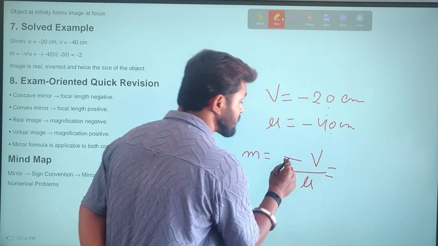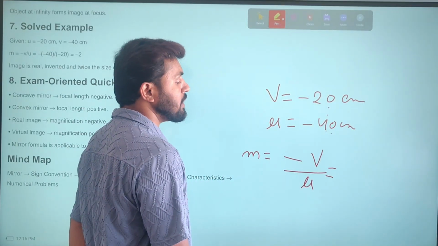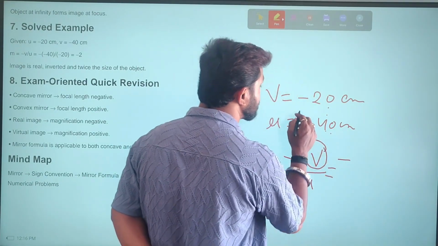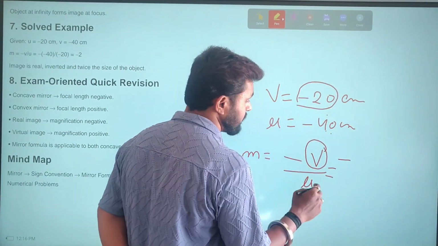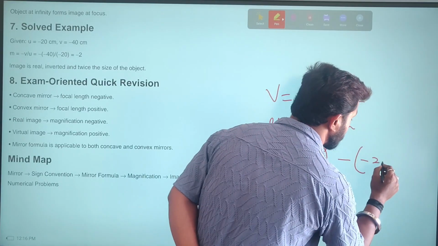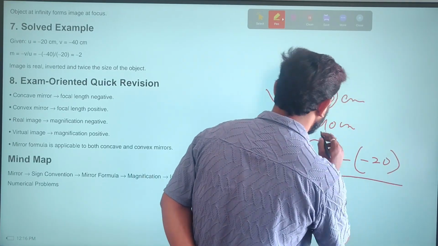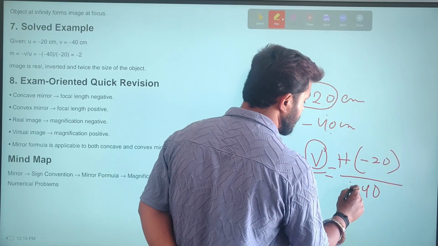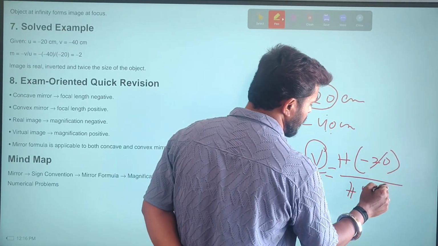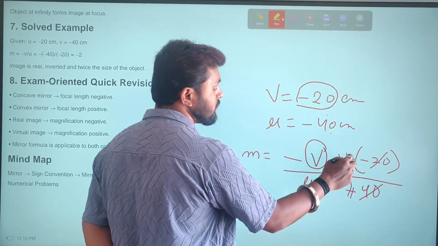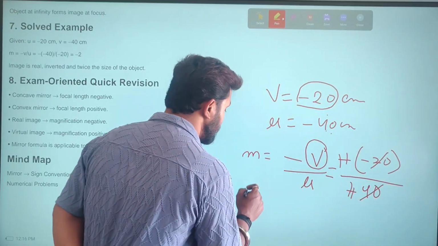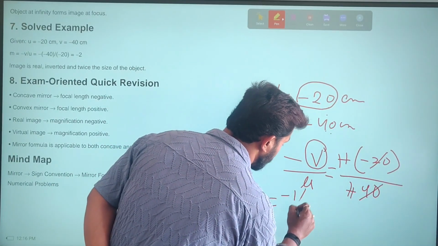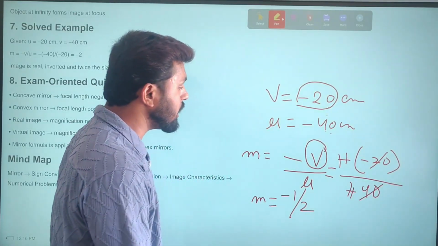So I will substitute this. The negative sign will remain the same, and instead of v, I will substitute -20 by -40. This negative will go, and you are getting m is equal to -1 by 2.